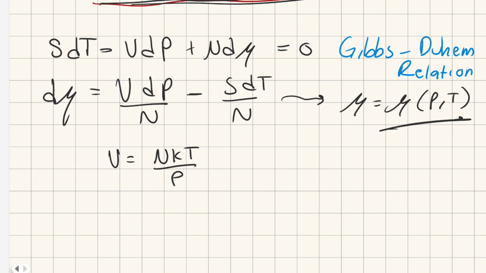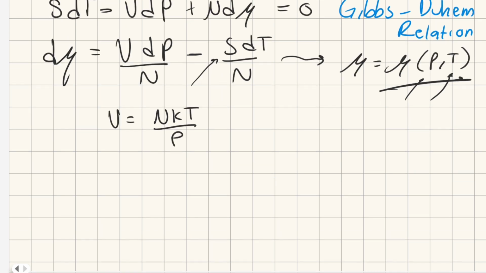And in a previous lesson, we showed what is the entropy as a function of the pressure and the temperature exactly for an ideal gas. So we are going to use that function in this equation, and then we will be able to calculate the mu.